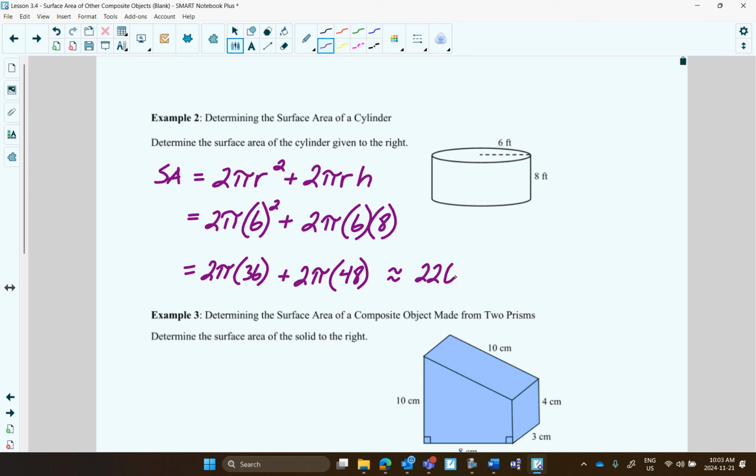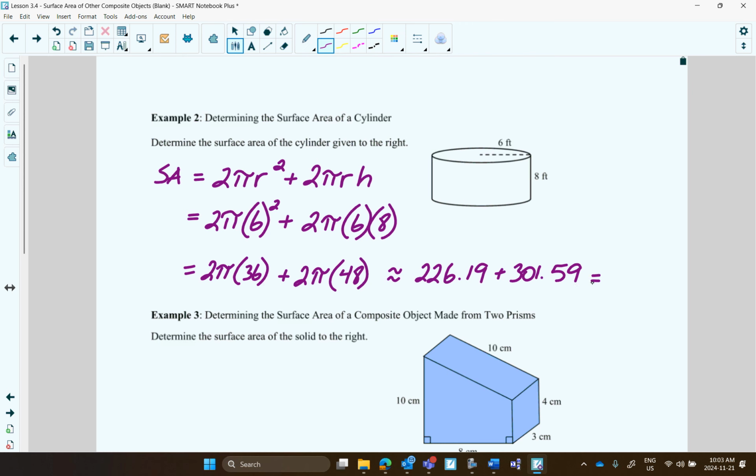I'm going to go 2 decimal places. It doesn't say how many decimal places, so I'm just going to go 2. Then I'm going to do 2 times the pi key times 48, and I'm going to get 301.59 to 2 decimal places.